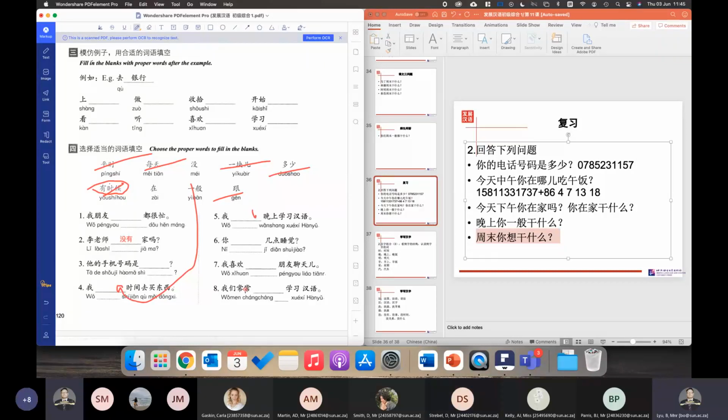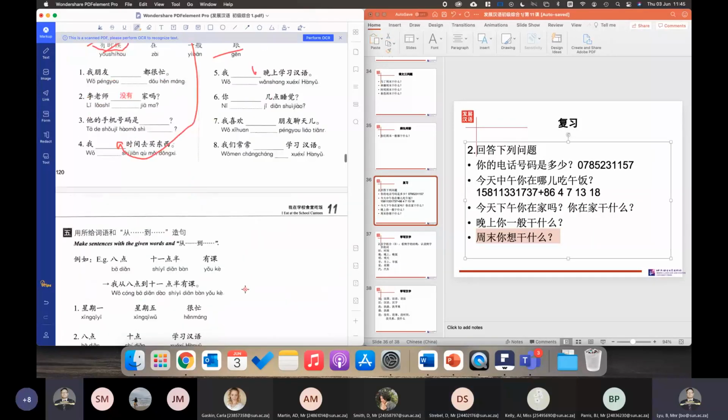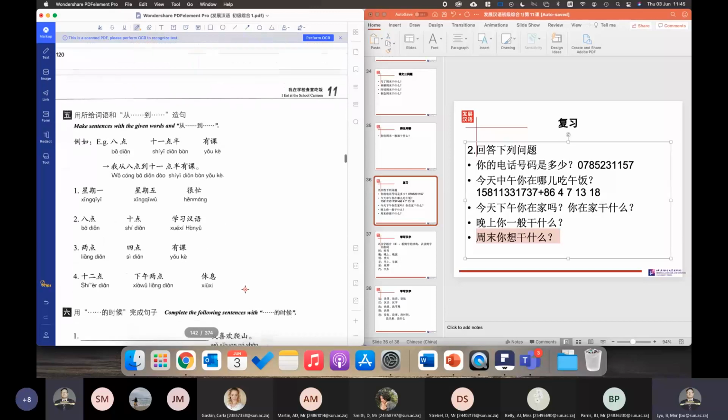That means we often study Chinese together. Together, thank you. Same thing as 一起, right?